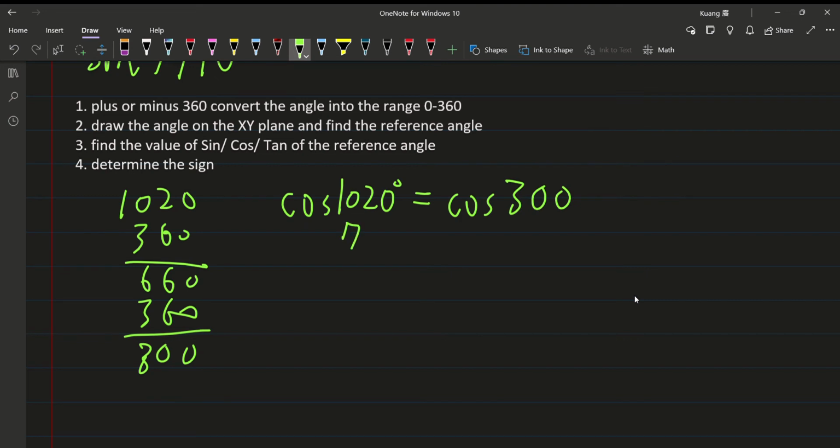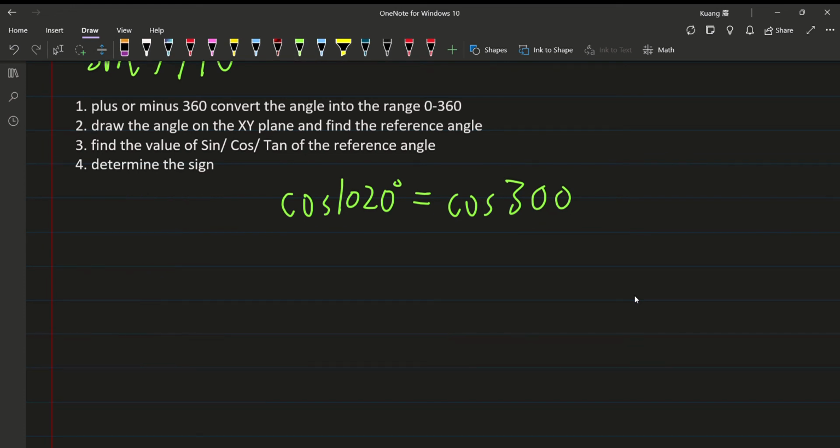You minus 720. Okay, minus 360 two times to get 300. So because they are coterminal, they point at the same direction, so the value of cosine will be equal. So that's the first step, right? Minus or plus 360 and convert the angle into the range 0 to 360.